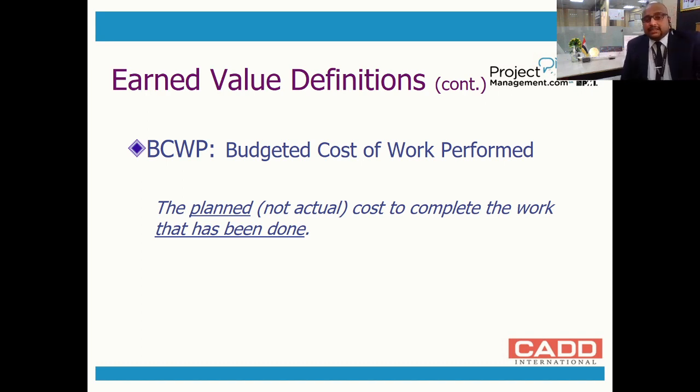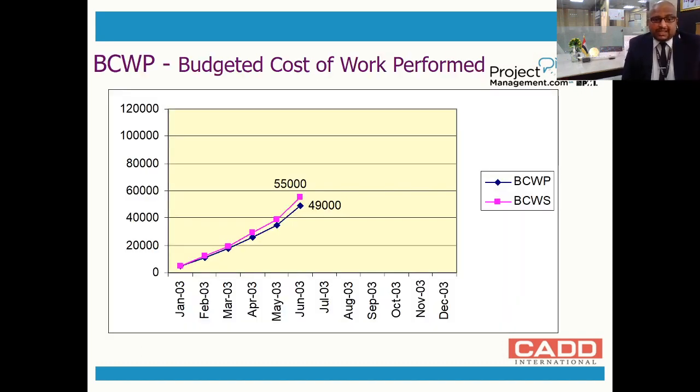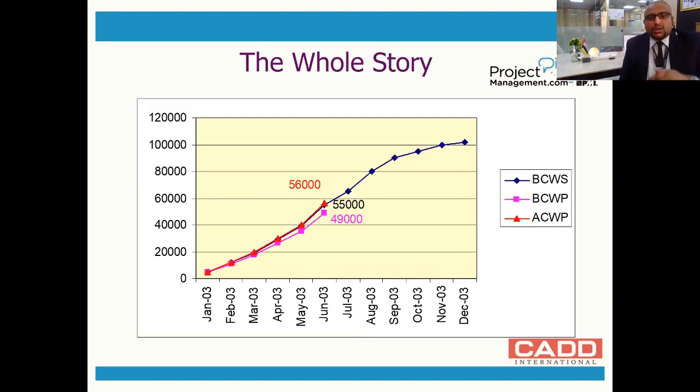So this is the budgeted cost of work performed, and here is the graph against the earned and planned value. So the whole story will be like this. I have planned to complete the work for around 55,000, but cost-wise I took almost 56,000 into account, while comparing to my plan, the earned value, whatever product I have earned, is only 49,000.